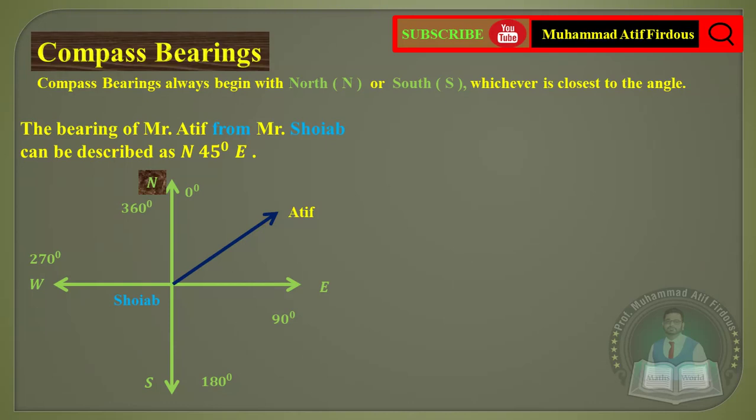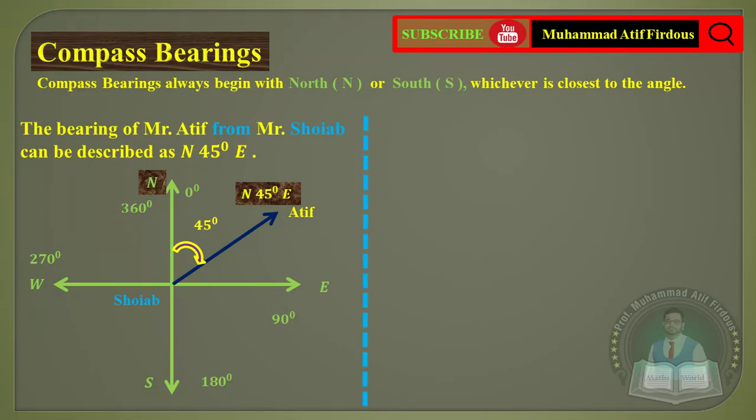Now, the angle of Mr. Atif from Mr. Shoaib is 45 degree, and you can write it as N45 degree E, north 45 degree east.